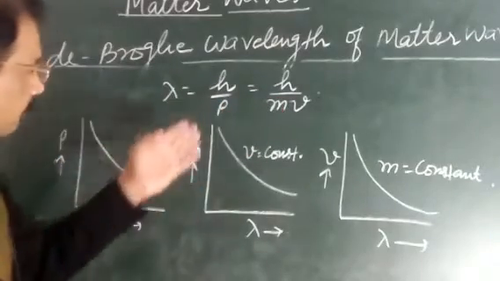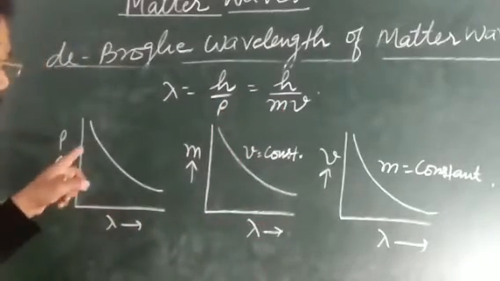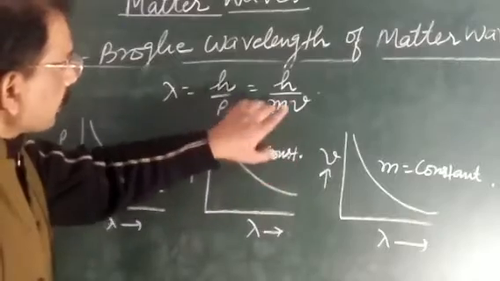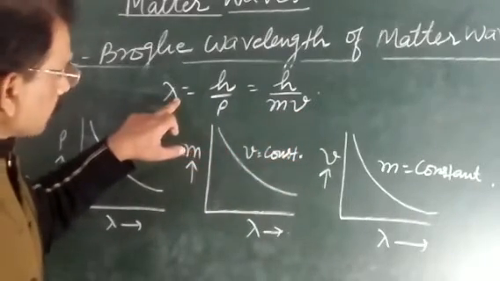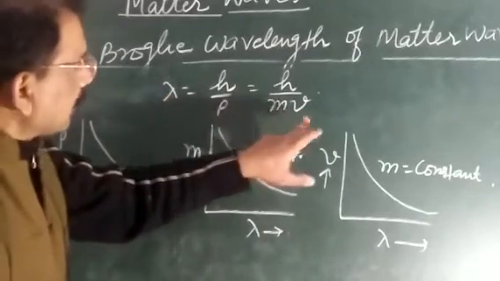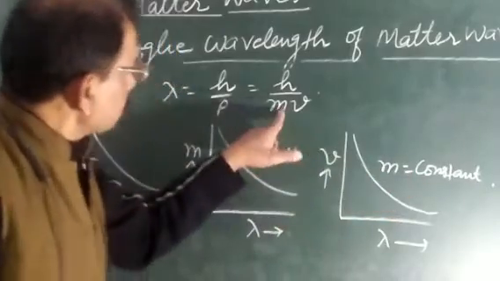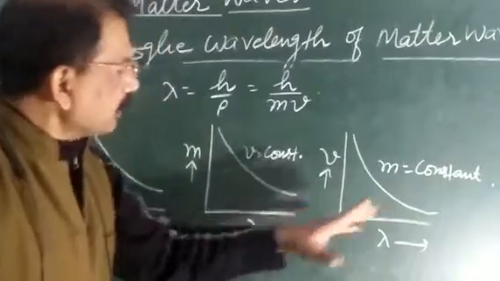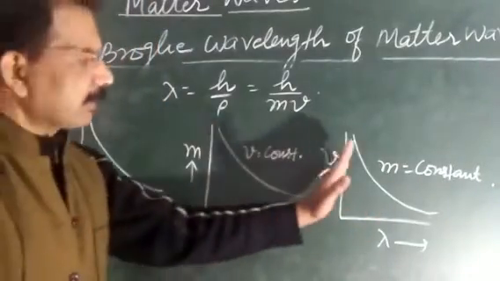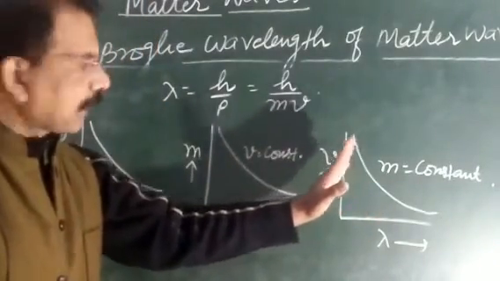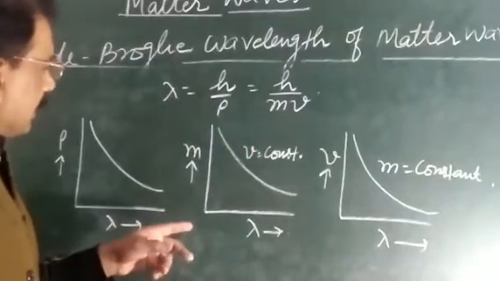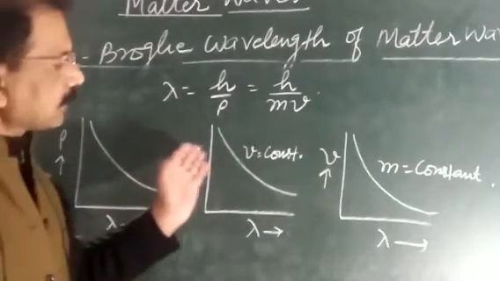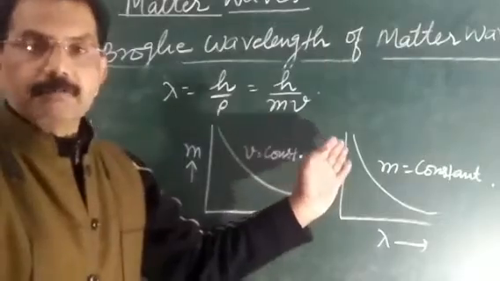When velocity is kept constant, lambda is inversely proportional to mass, and when mass is constant, lambda is inversely proportional to v. In this way you can observe the graph between wavelength and either the momentum, mass, or velocity of that particle.